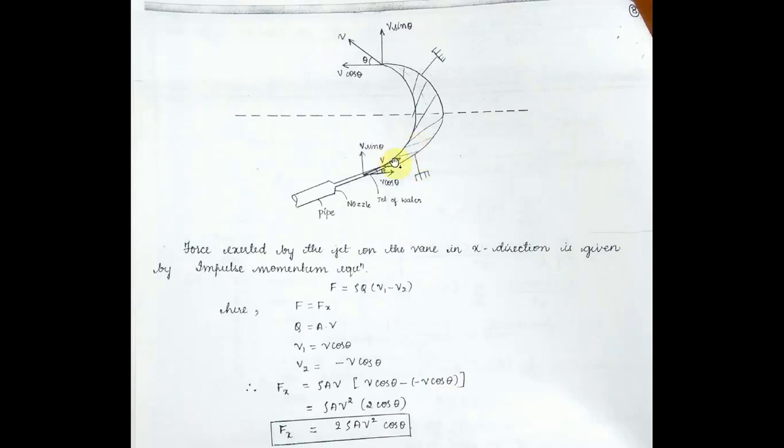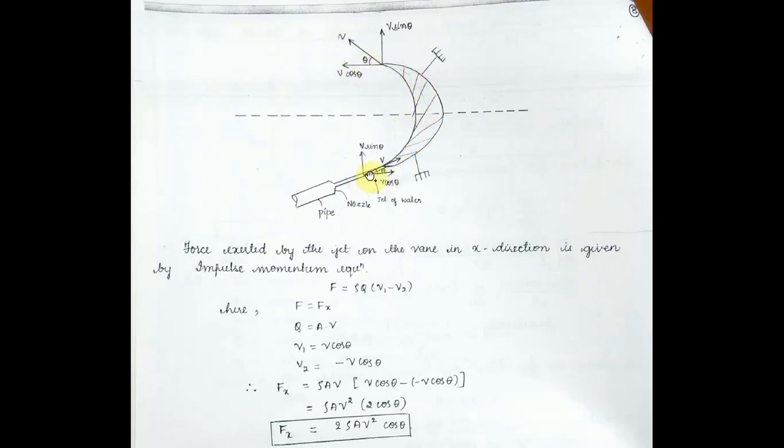This becomes the tip of that curved vane, which is symmetrical, half of this and half of the vane is symmetrical. So if the jet of water from the nozzle hits exactly at the tip of this symmetrical curved vane, then what will happen?